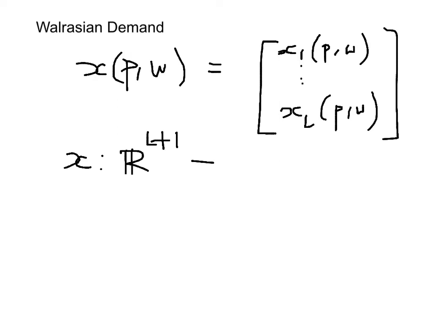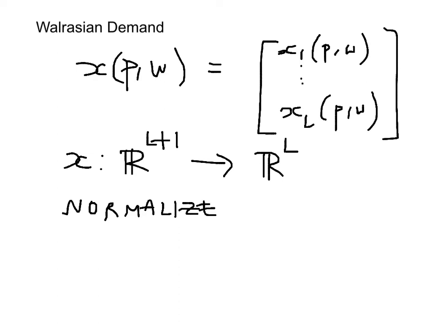So that's plus 1, and we're mapping into R^L because we are assigning to the price system and the wealth a particular consumption vector with L commodities, L entries. Now we can normalize either for prices or for wealth, but let's just assume we're normalizing for prices, and we can now have a function that maps from R^L into R^L if we normalize prices.